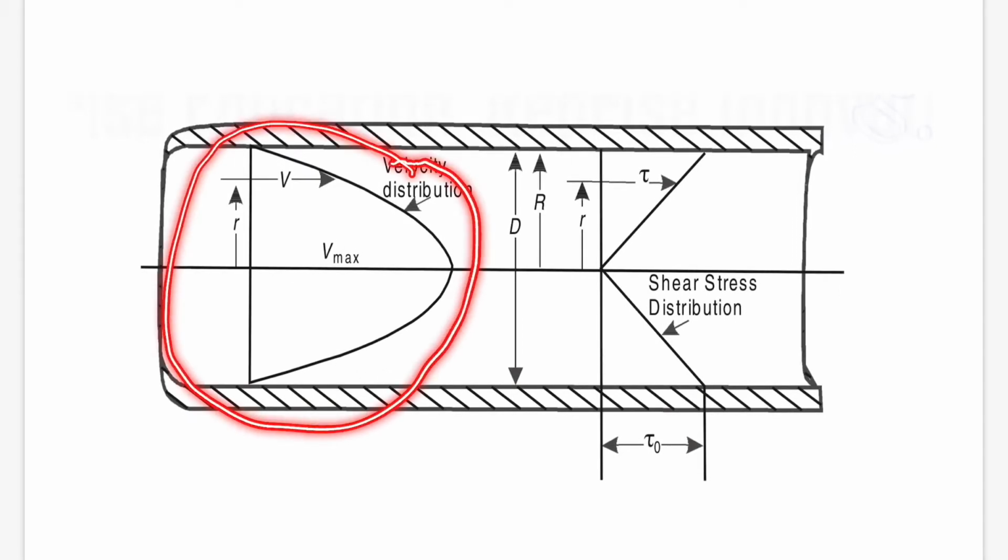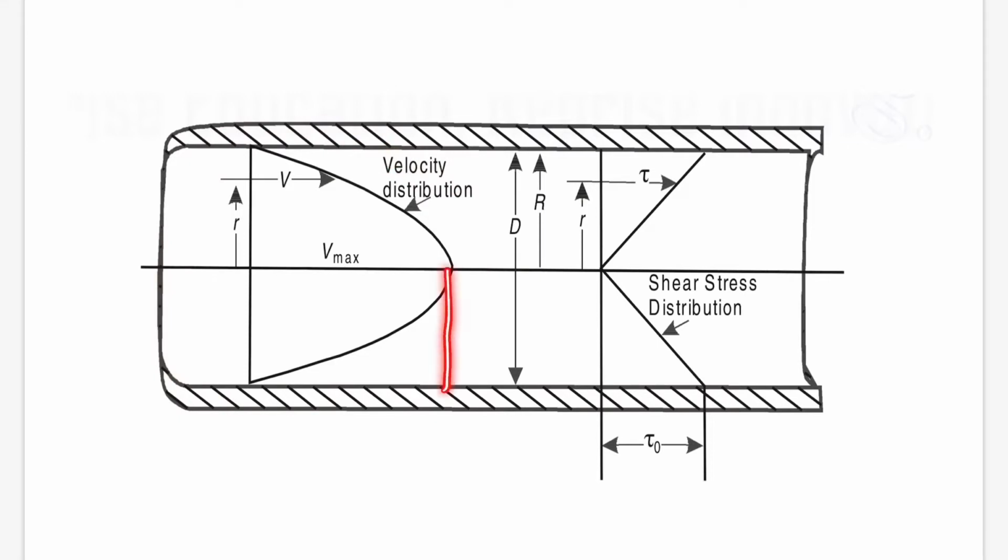See, with r, this is the maximum value, u max. This is the maximum value for shear stress, tau naught. Where does the maximum value occur? For shear stress, the maximum occurs at the wall.